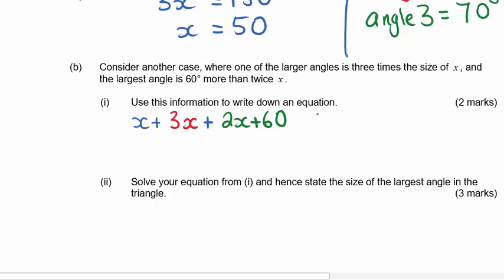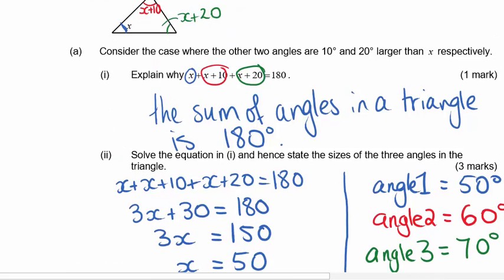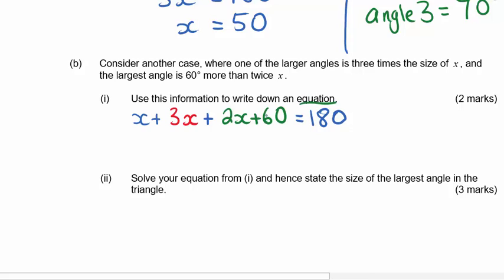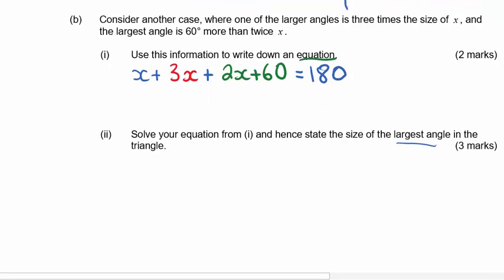And they want it to be an equation, which means it includes an equal sign. And so that's where we actually get a hint back up here on how to set that up. So we've got our 3 angles summed together to make 180. So solve your equation and state the size of the largest angle this time.